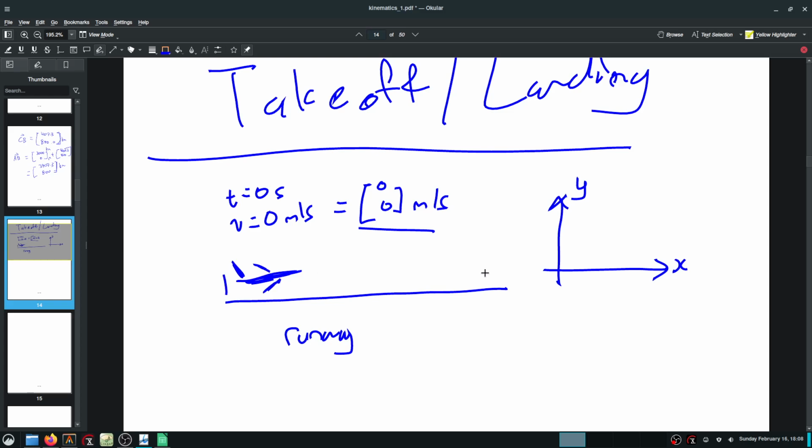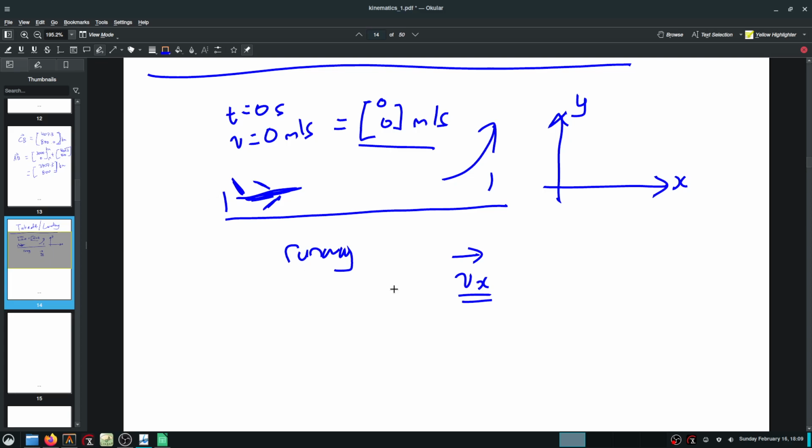If you're talking about the runway and we are not even going off into the air yet, you can just simplify our problem to say we talk about the component in the x direction, because we don't even deal with the y coordinate here on the runway. So we just say: t equals 0 seconds, where we start, velocity in the x direction equals 0 meters per second. And then you don't need to do all these things. That's the proper way. Okay, so at t equals 0, the Vx, we call it, equals 0 meters per second.